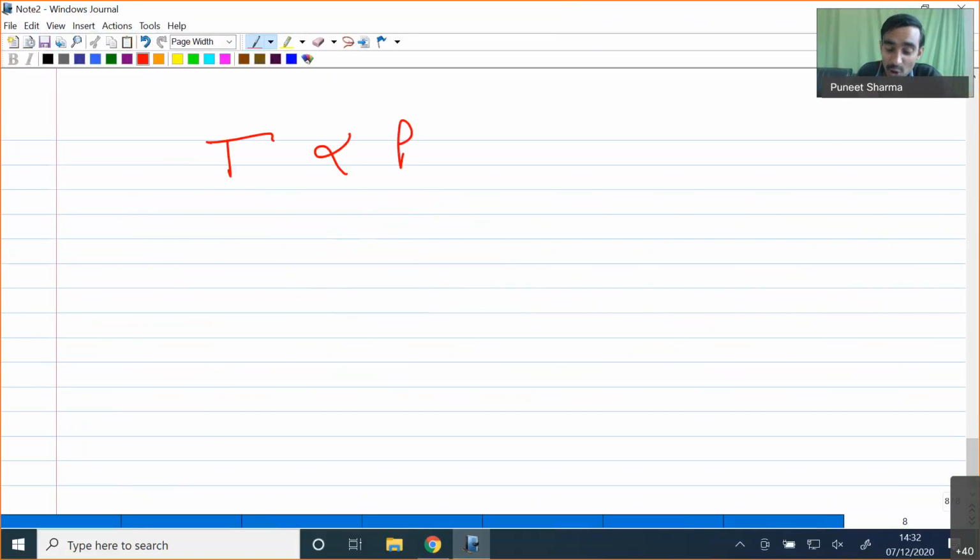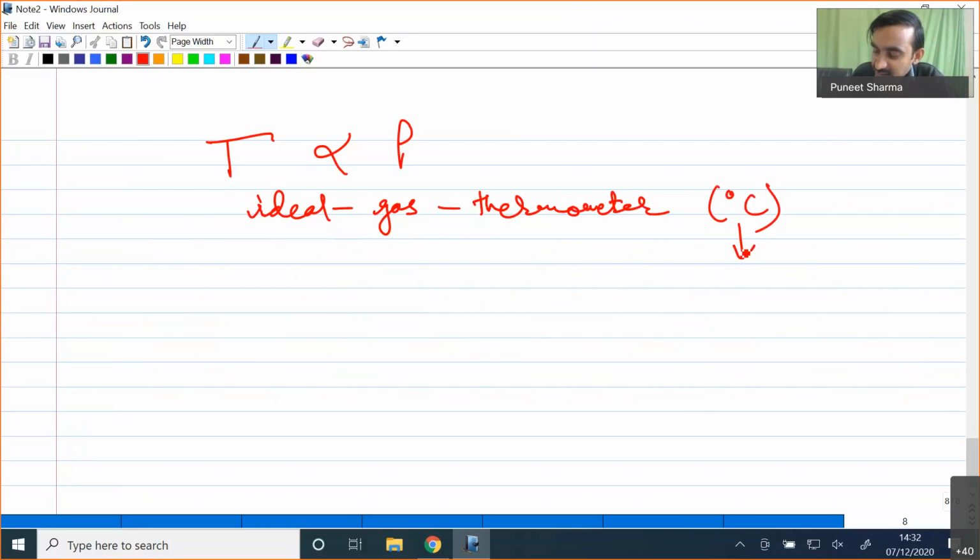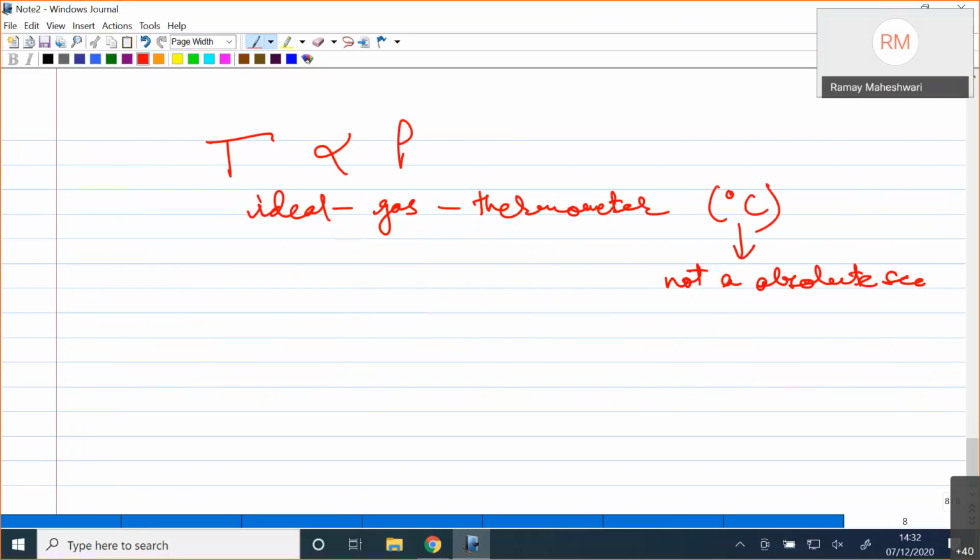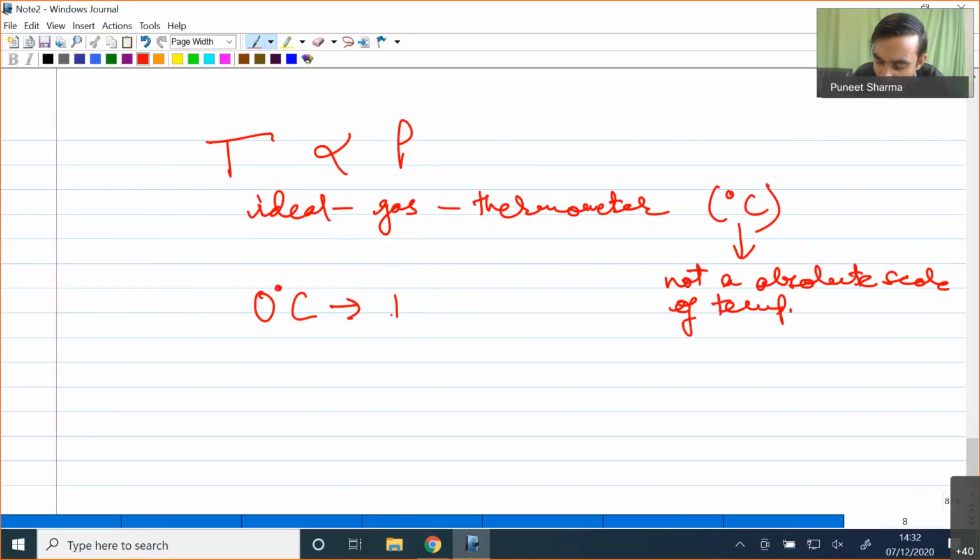We started with the ideal gas thermometer, and we were measuring our temperature in degree Celsius, and degree Celsius is not an absolute scale of temperature, because we considered 0 degrees Celsius corresponding to the ice point, but we may have situations where temperature can go below the ice point.